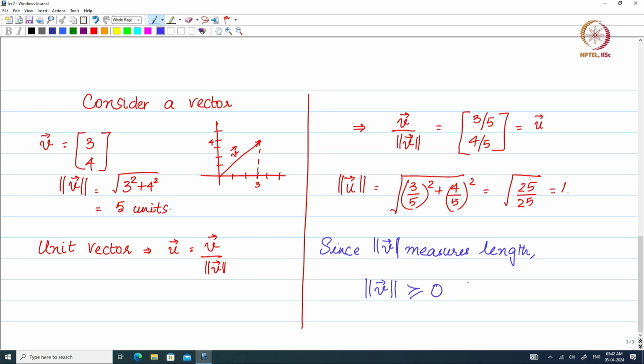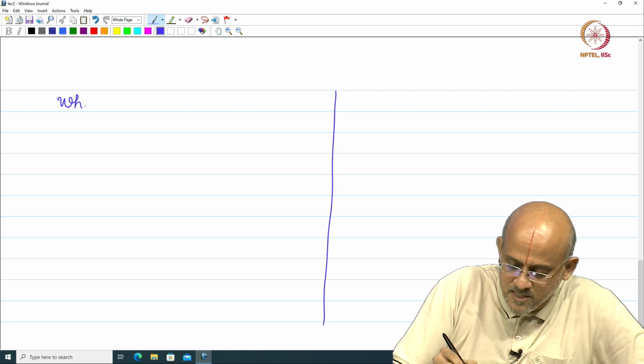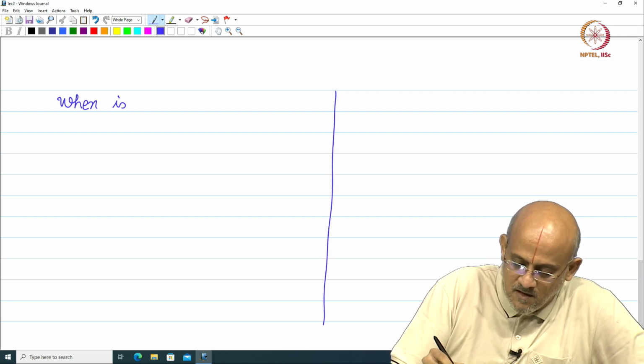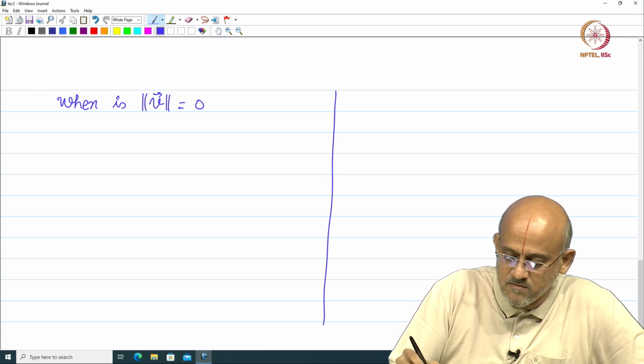This is what we said: the length of the vector is a non-negative quantity. So, the question is, when is the norm of this vector v equal to 0?